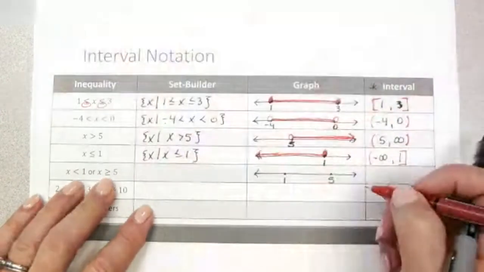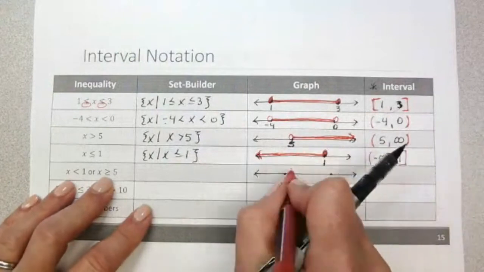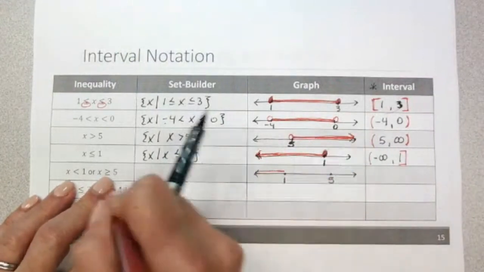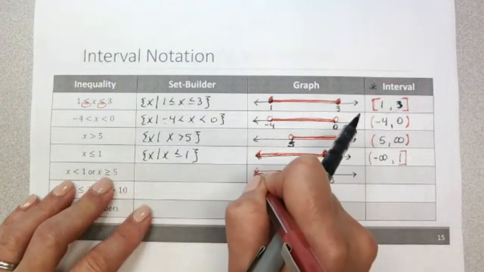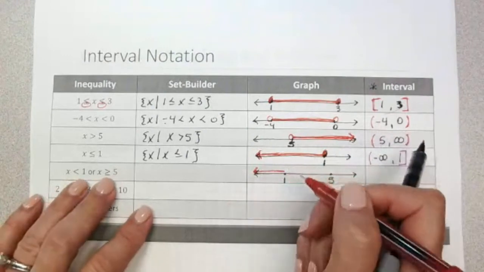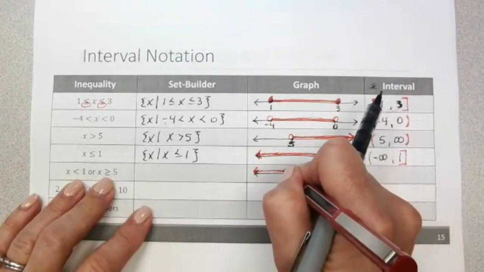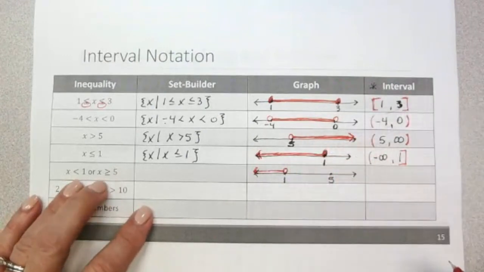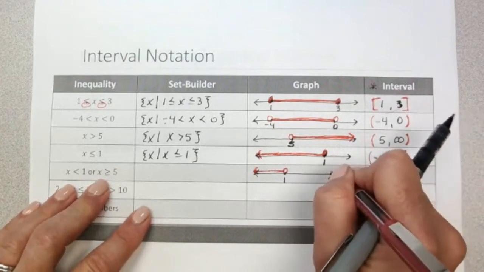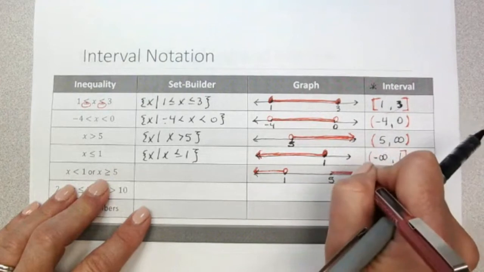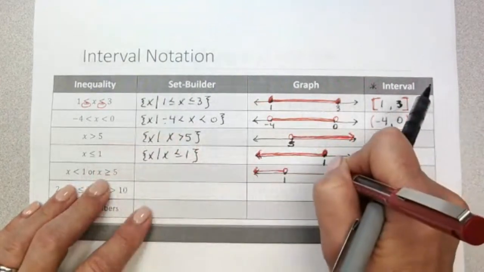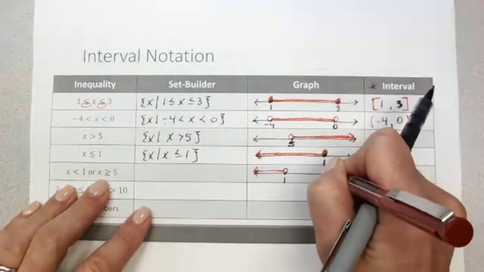So our values here can either be less than 1, so we've got to go off in the negative direction, but there's no lower boundary, so we'll put an arrow by that. And it can't be equal to 1, so that's open, so we'll put a circle there by the 1. And then we can also have values that are greater than or equal to 5. So greater than 5, we'll draw here with an arrow to indicate it goes forever. And it can be equal to 5, so we need to close this end of the interval or use the closed circle.